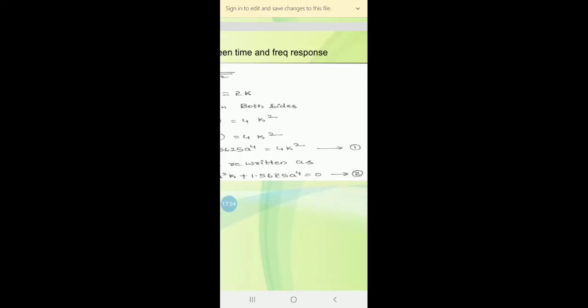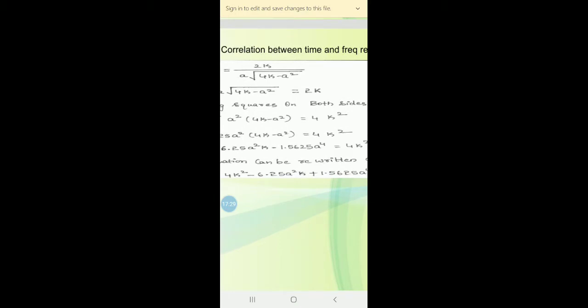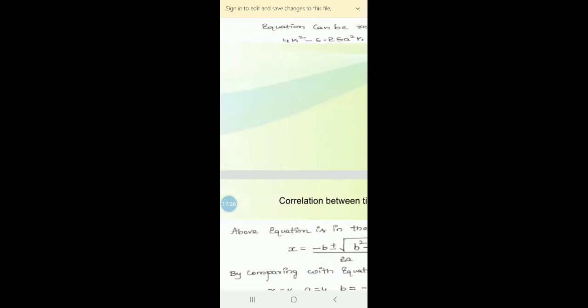By taking squares on both sides, 1.25 square into a square into 4k minus a square is equal to 4k square. So 1.5625 a square into 4k minus a square is equal to 4k square. So 6.25 a square k minus 1.5625 a raised to 4 is equal to 4k square. So the equation can be rewritten as 4k square minus 6.25 a square k plus 1.5625 a raised to 4 is equal to 0.